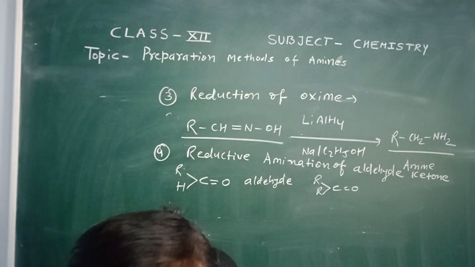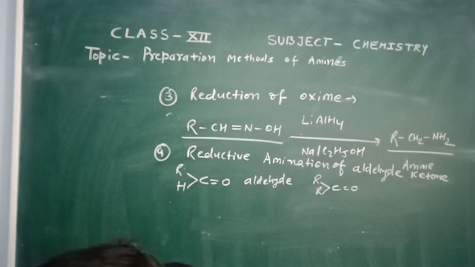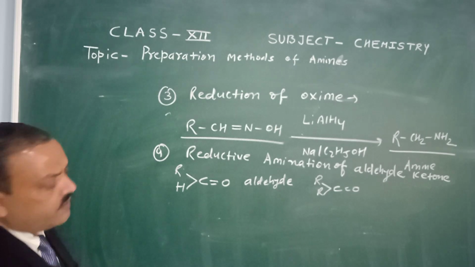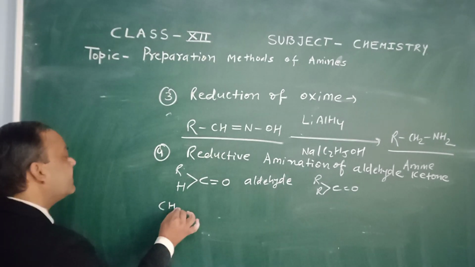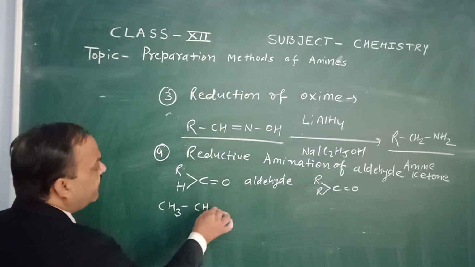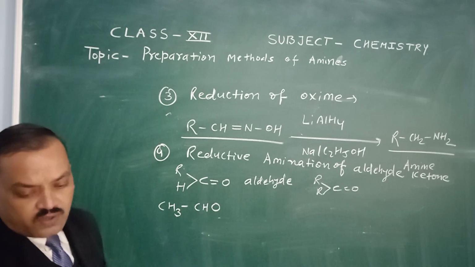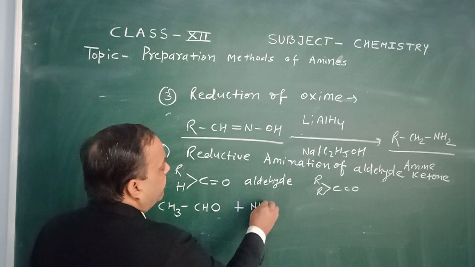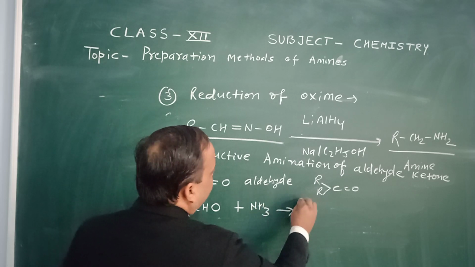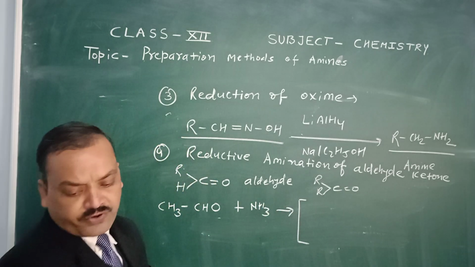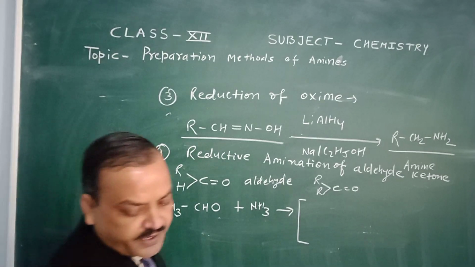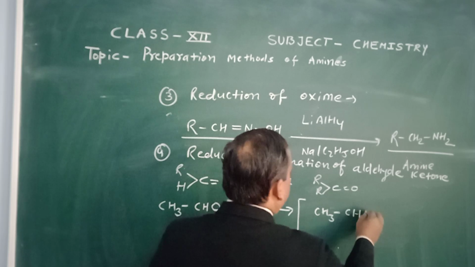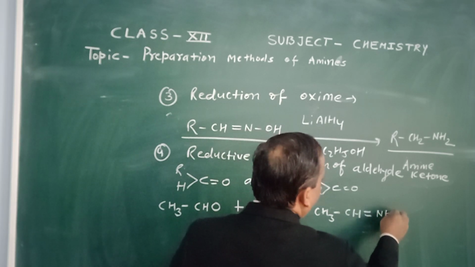When we convert the aldehyde into the amine, we react this aldehyde, CH3CHO or another compound, with ammonia. When the aldehyde reacts with ammonia, we get the intermediate CH3CH double bond NH.